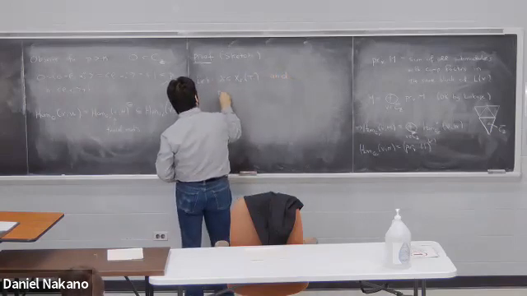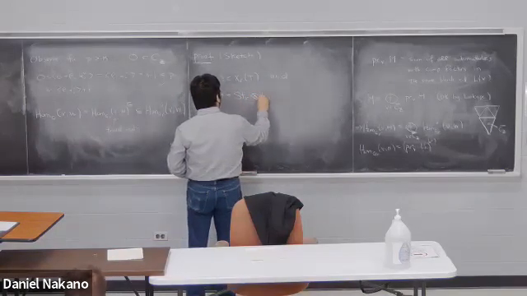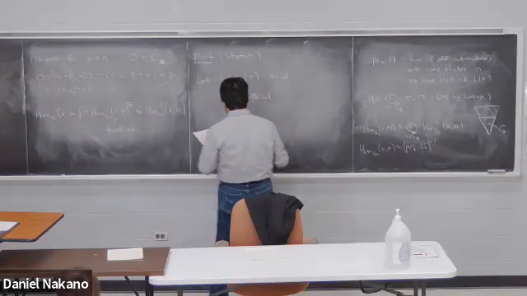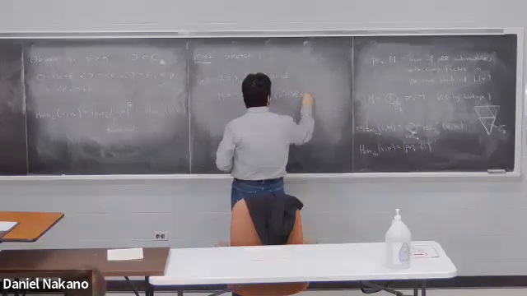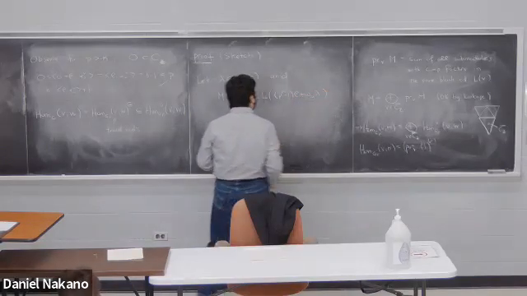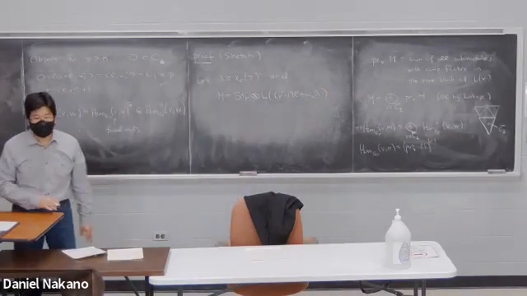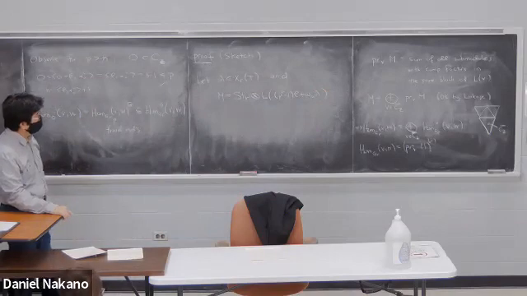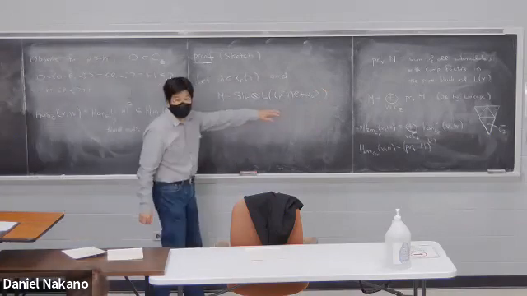I'm going to look at this module: the Steinberg module tensor the irreducible L((p^r - 1)rho + p^r lambda). So I'm taking the r-th Steinberg module, which is L((p^r - 1)rho), and tensoring it with this irreducible representation. It turns out that this has restricted weight also.